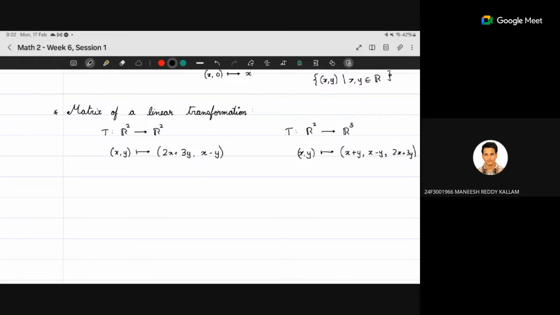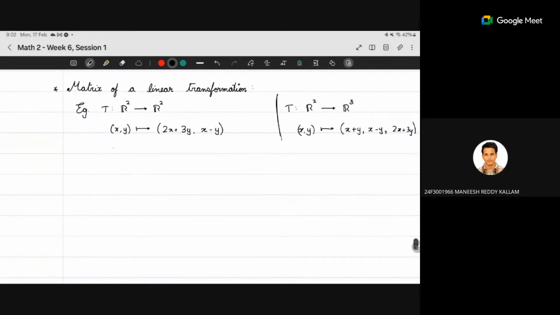All of this will be clearer when you study kernel and image. But for now, just know that the necessary condition is that the dimension of both sides should be the same. But in this example, the dimensions are the same. And just look at this sort of expression. I'll write this as a column vector.